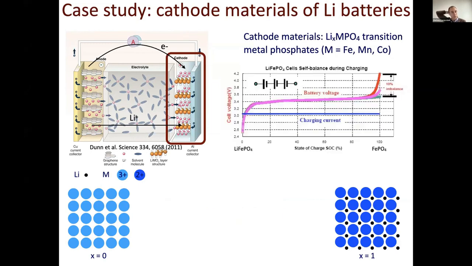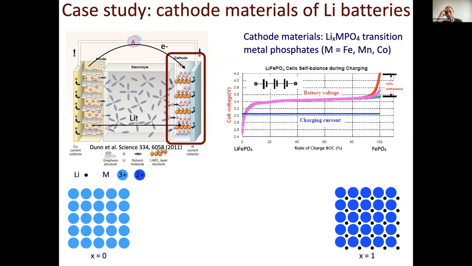Now, a useful hint of what happens comes from experiments, actually, that says that in between these two states, the fully charged and fully discharged, this is the charged cathode, this is the discharged cathode, when the transition metal is iron, which is the one that's commercially available nowadays in lithium-ion batteries, the battery features a nice plateau of the voltage.